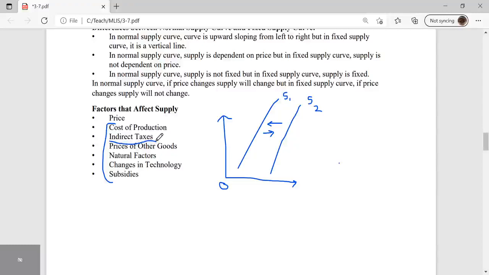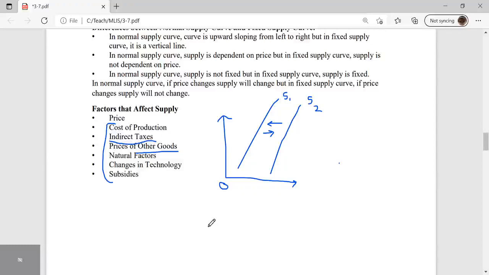Okay, next we have price of other goods. Think about the producers, they have so many options. There are different kinds of goods. Suppose think about potato and carrot. Suppose some producers were producing potato.